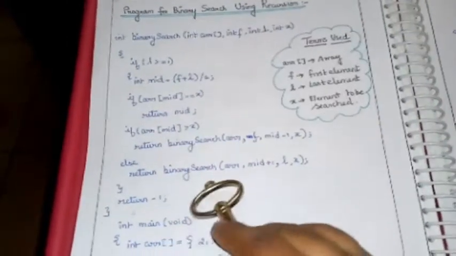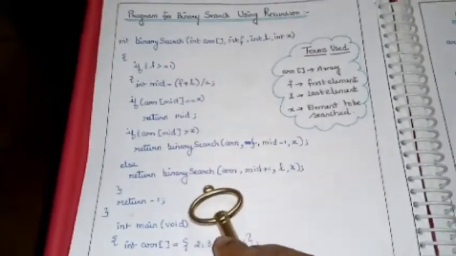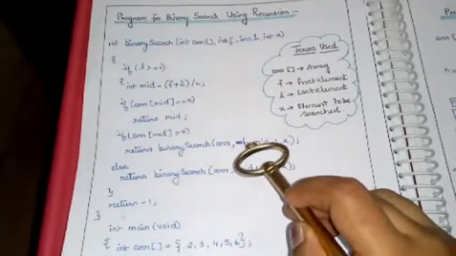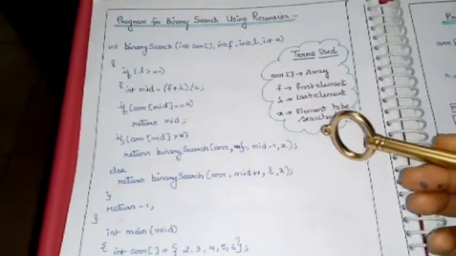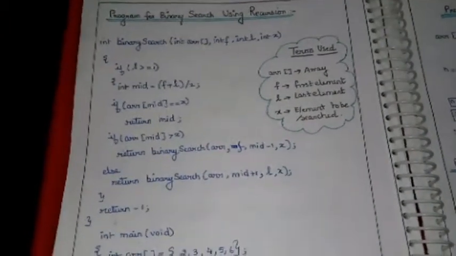Here I've called this same function binary search, and again I've called the same function binary search again. So calling the function again and again is nothing but a recursive function. Okay, the set of statements will be called again and again to do some computation. So that is the meaning of a recursive function.